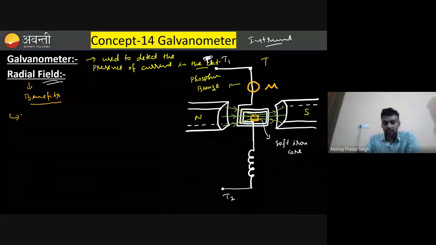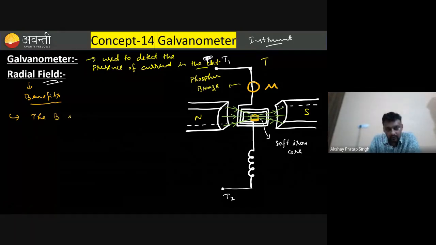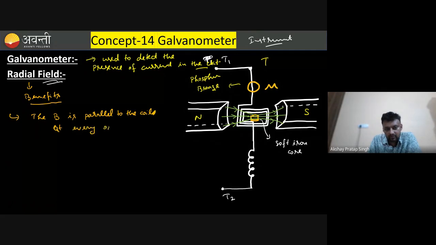So what is the benefit of this? The magnetic field is parallel to the coil at every orientation of coil.